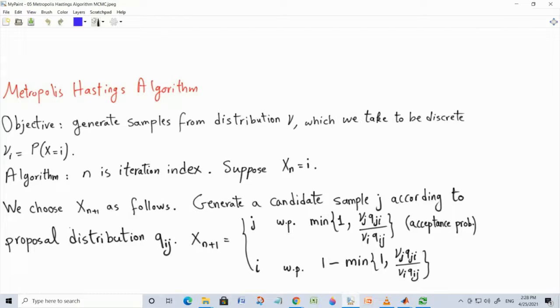You generate the samples one by one. How do you generate x_{n+1}? If you iteratively generate samples from a certain distribution, this is the question that you need to answer: given the current sample, how would you generate your next sample?